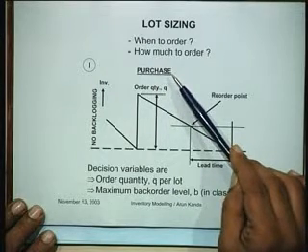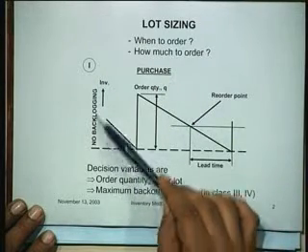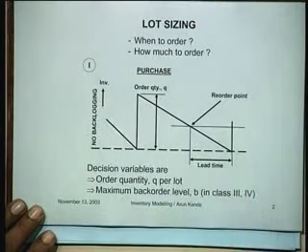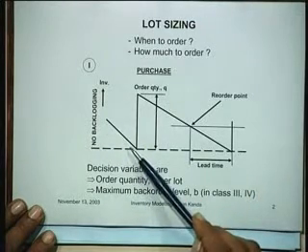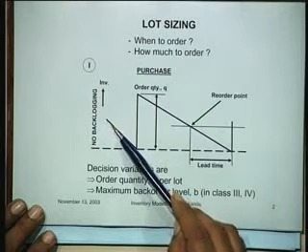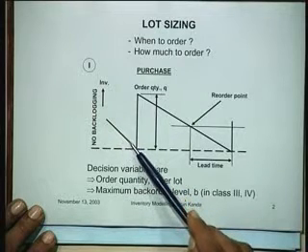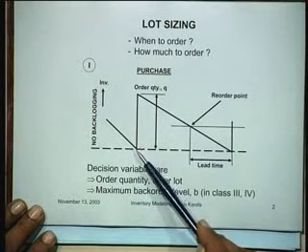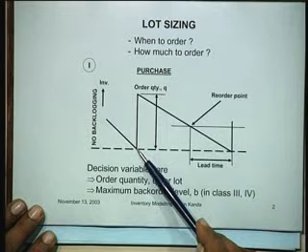In a purchase situation, assuming that there is no backlogging and there are no shortages taking place, the inventory would normally show a gradual reduction with usage till the inventory becomes zero.